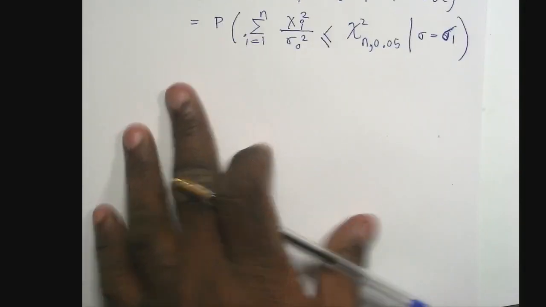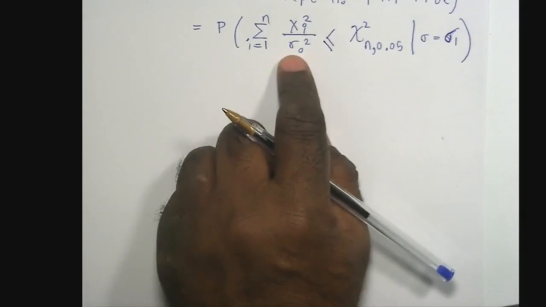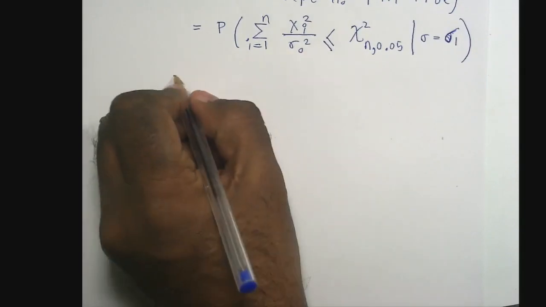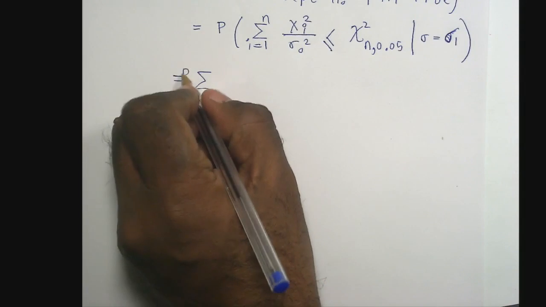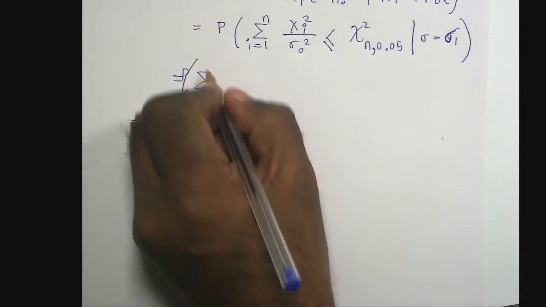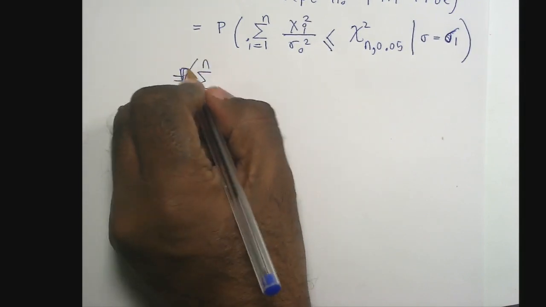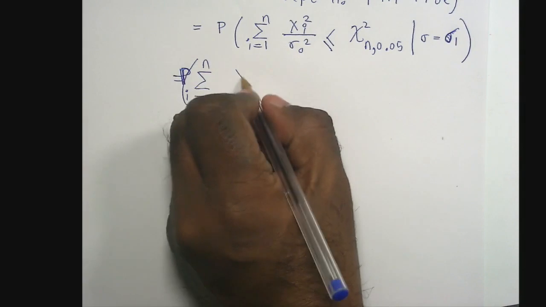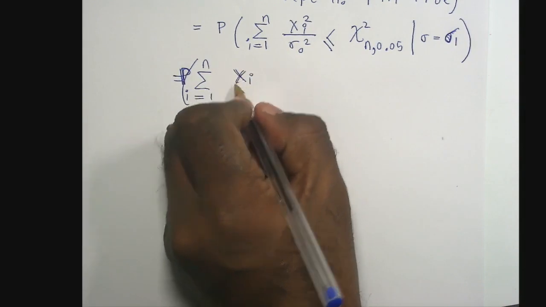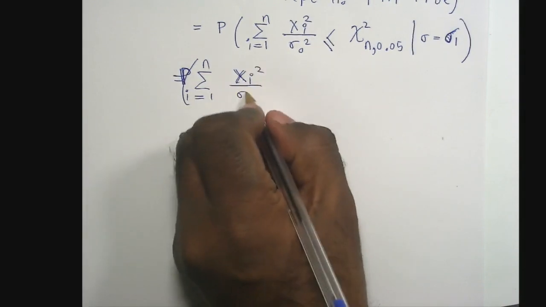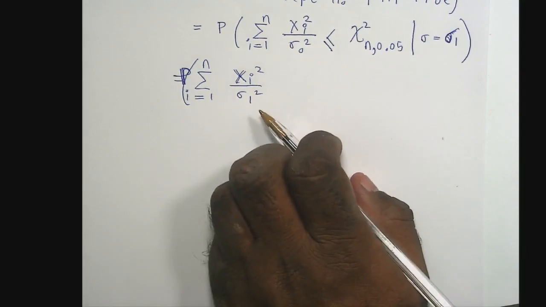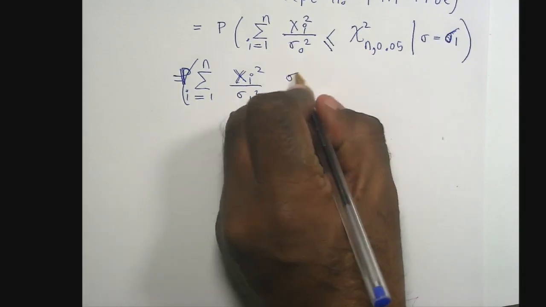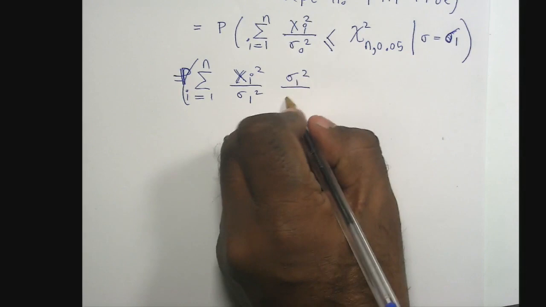So the first thing you must do is change sigma 0 to sigma 1. I'm replacing sigma 0 by sigma 1, so I need to multiply by the same and divide by the same.